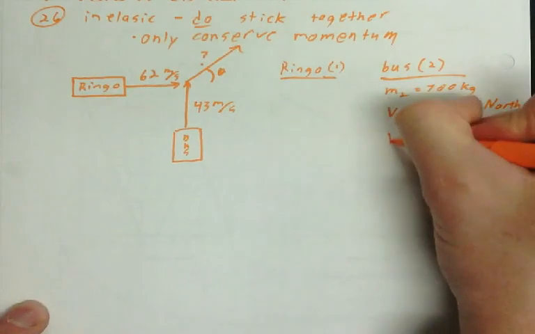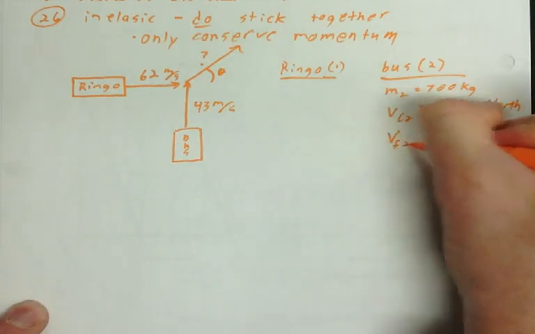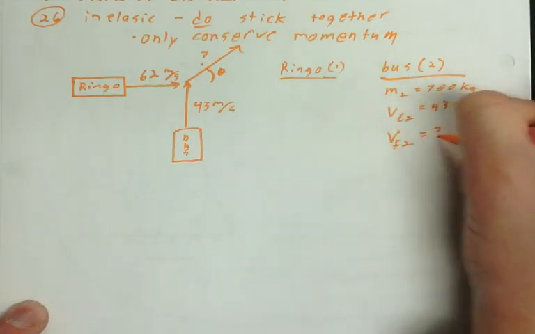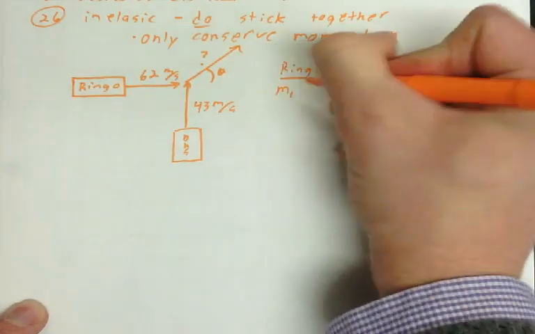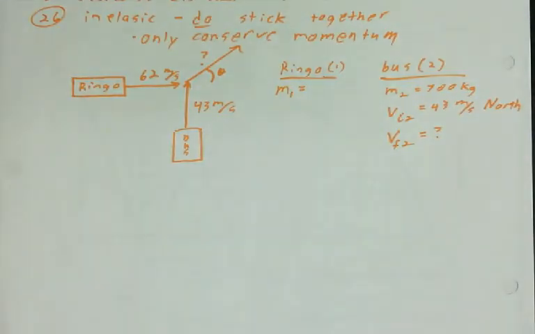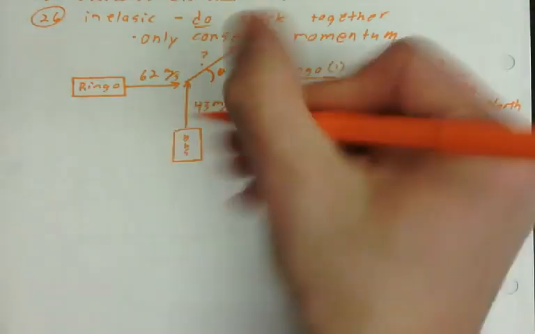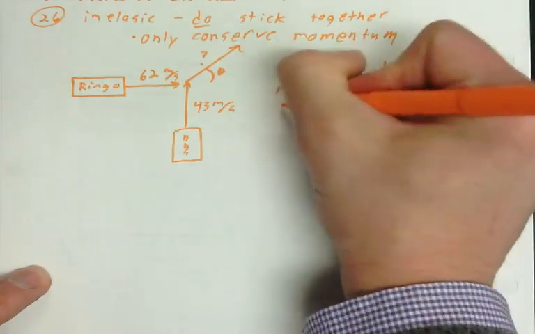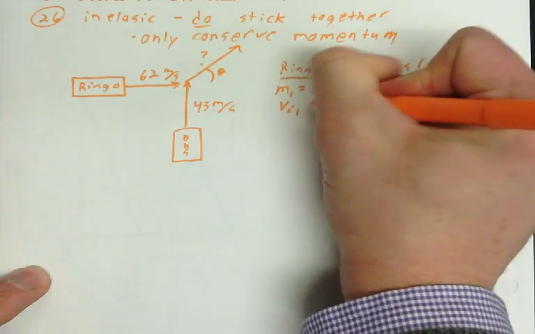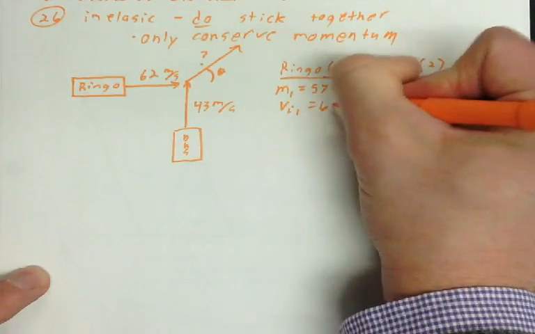I don't know the final velocity. For object 1, so for the Beetle, it is 570 for the mass. Initial velocity is 62.